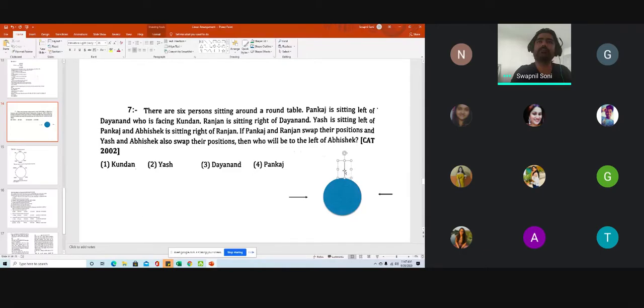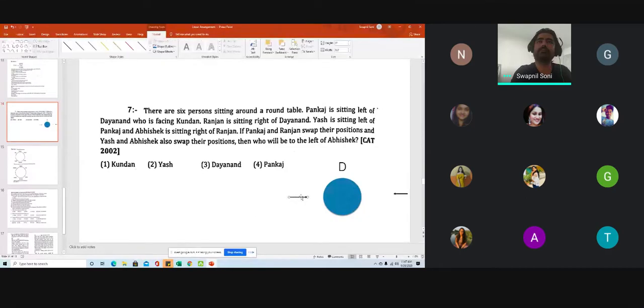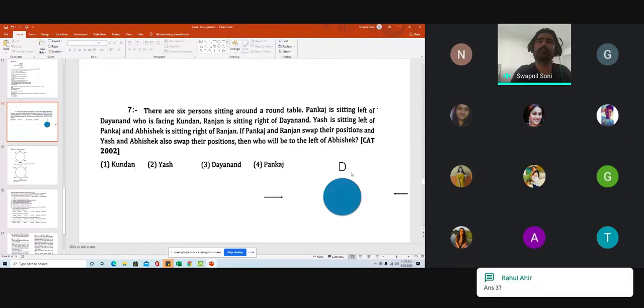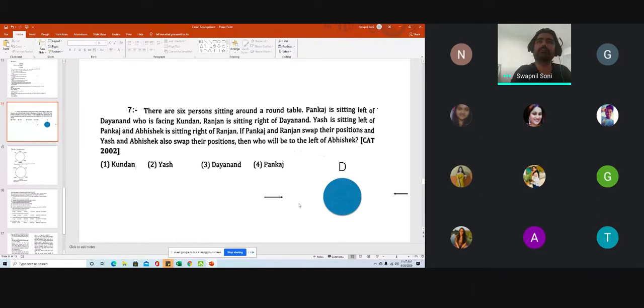Let's say Dayanand sits over here. Dayanand is facing towards the center, so Dayanand's right will be on this side, left on this side.